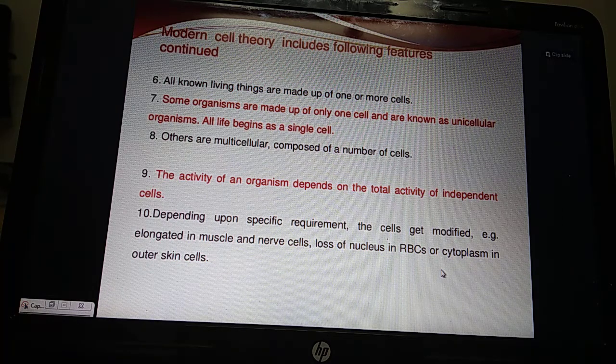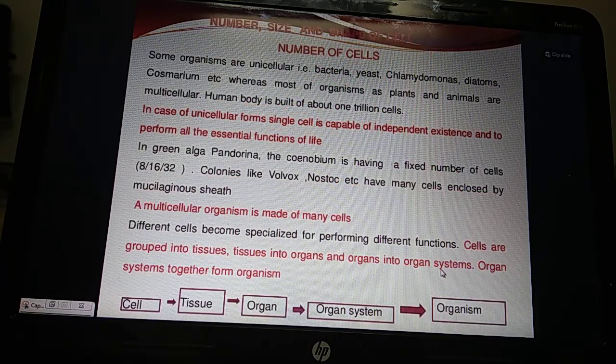So depending upon the functional requirement, cells get modified. As we see, muscle cells are very long, nerve cells are also long and thread-like. Then RBCs have lost nucleus and other organelles. So like this there are different modifications as per their function.